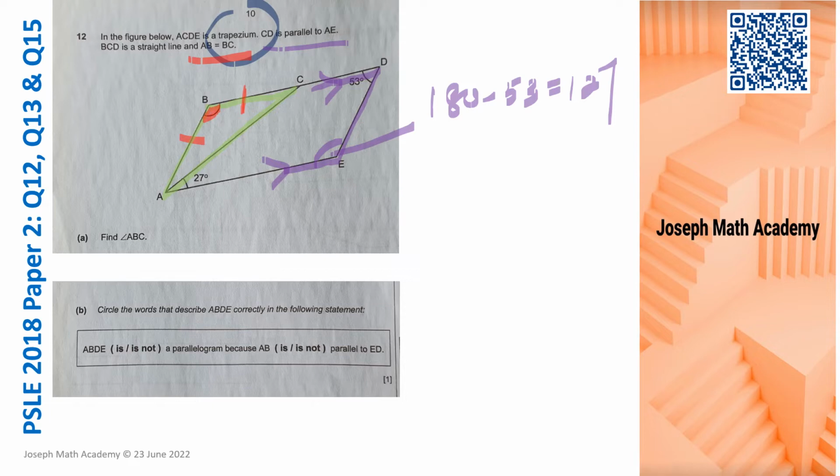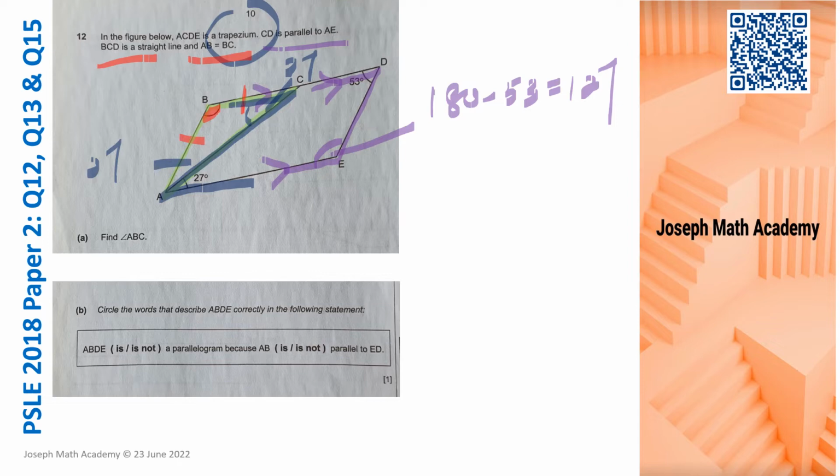Okay, so since BCD is a straight line, we can apply the same parallel lines here. So we have a very powerful alternate angles rule, which is commonly known as the Z rule. So this is 27. And 27 is within the isosceles triangle. This is the other 27.